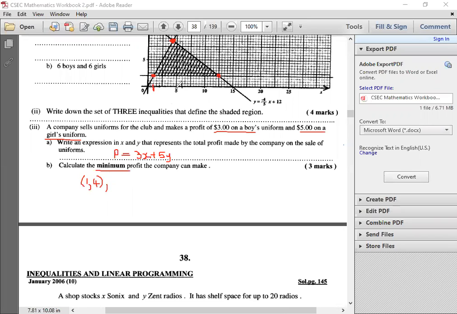I remember each tiny square is 0.5. And it's on the second one, so it is 0.5 times 2. So it's going to be 1, 2.